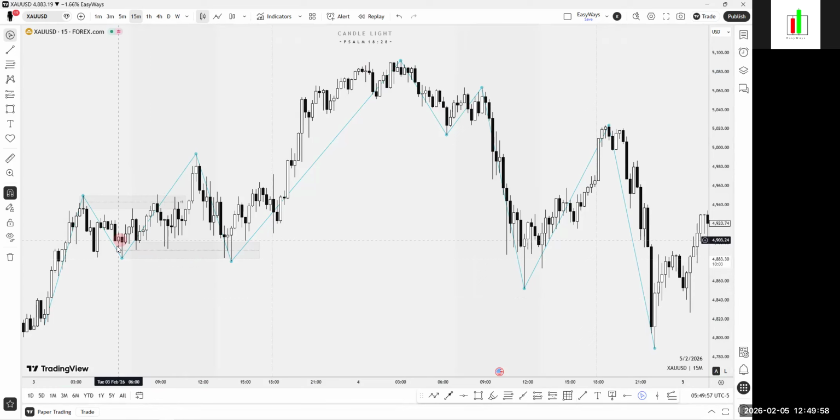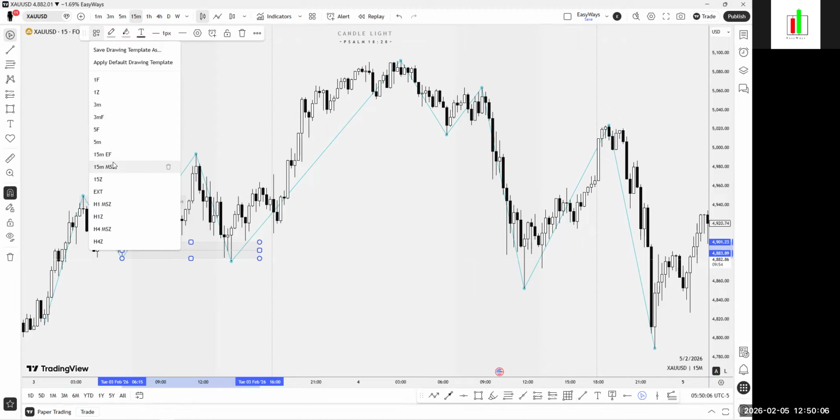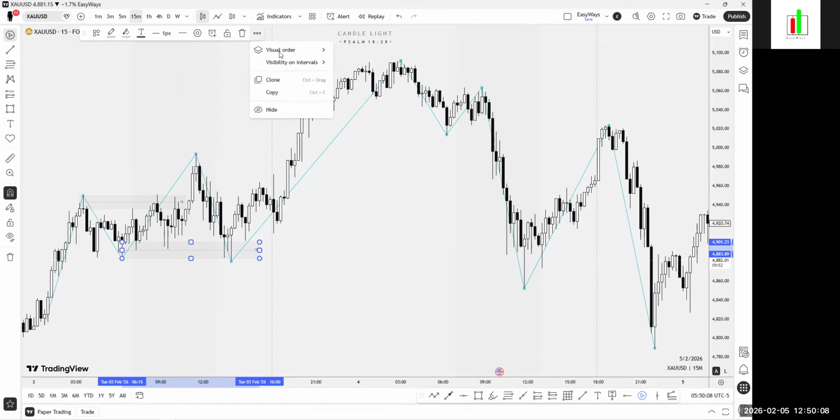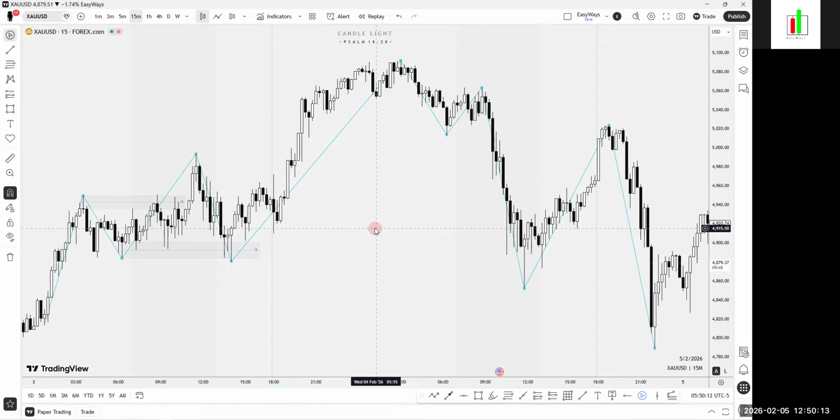So this is how we mark our low of structure as a zone. Okay. And then these zones are used as support and resistance. Okay. These zones, structure zones.